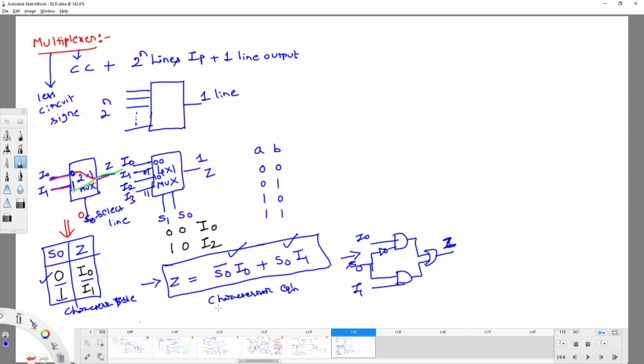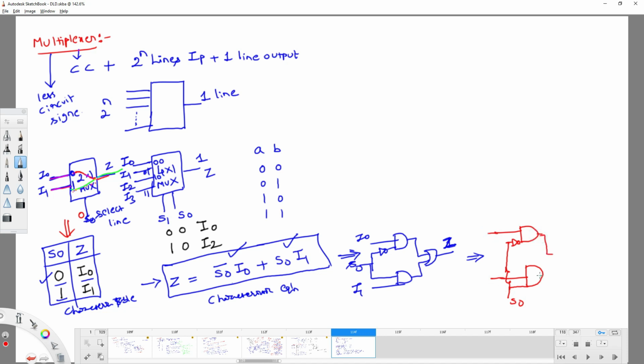If you are able to cleanly observe the same circuit, I can relook at it like this, right? So try to observe. I am just making the indication as S0.